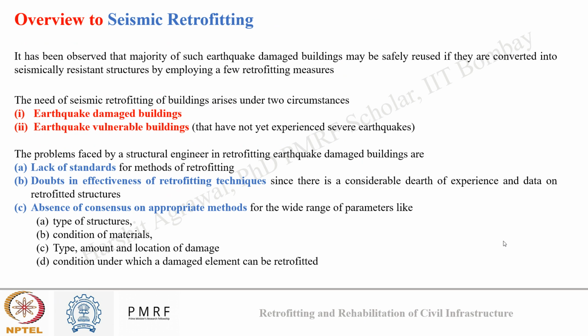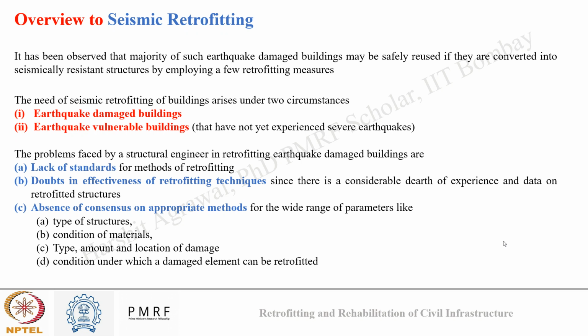To start with, it has been observed that the majority of these earthquake induced damages may be safely reduced if the structures are converted into seismically resistant structures by employing a few retrofitting measures. Now, the need for retrofitting of buildings arises under two circumstances.